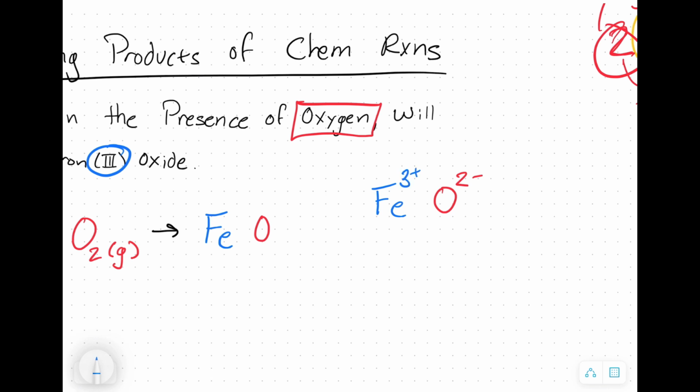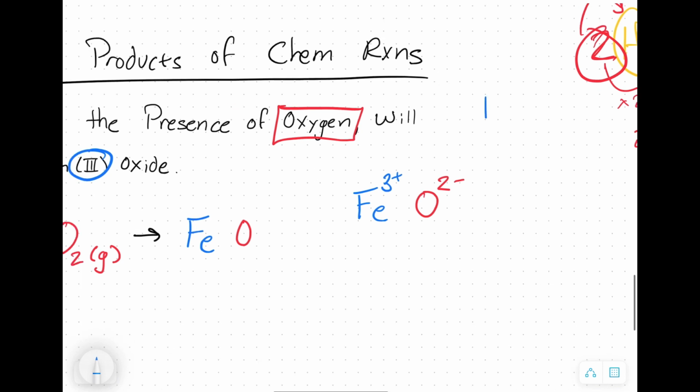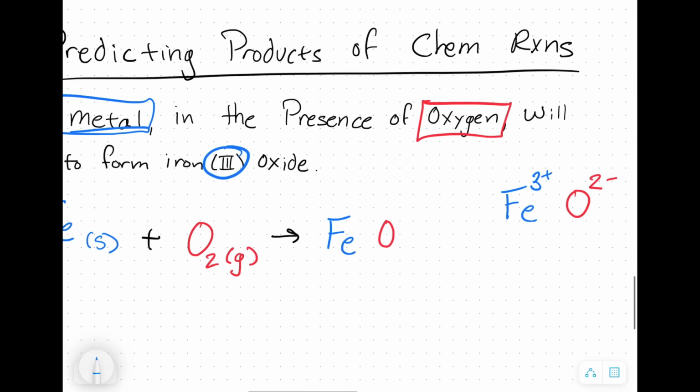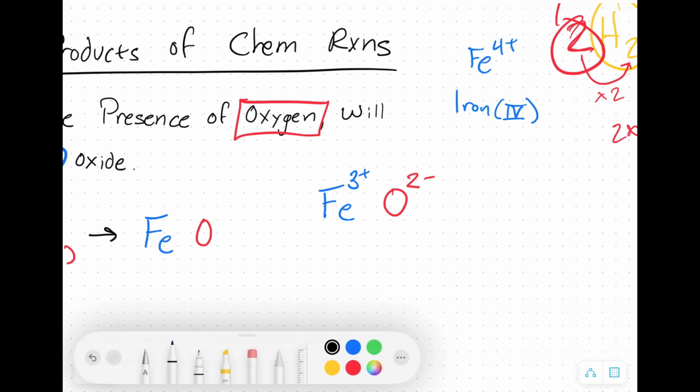So I know it's Fe3. If it was iron 4, then that would tell me that's Fe4 plus. But this was iron 3, so I know it's Fe3.